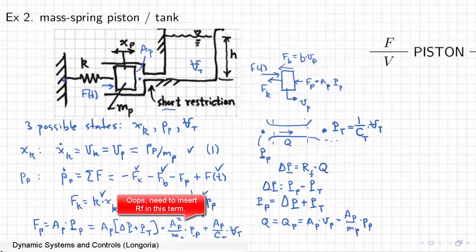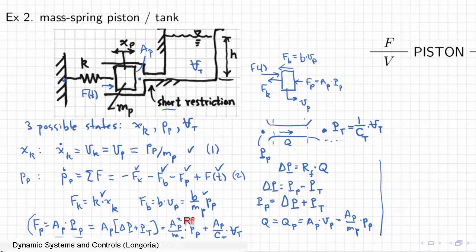So you see what I've done is I've written the force due to the piston here, all in terms of two states of the system. I'm assuming that I'm going to be able to write V sub t fairly easily, and I can, and by the way, that would be the second equation if you make all those back substitutions.